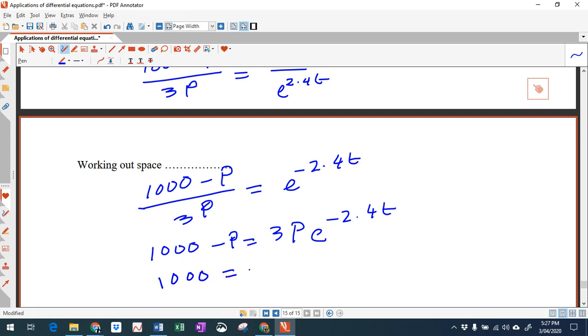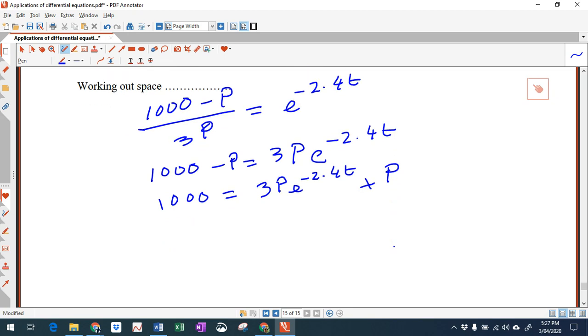And then 1000 is equal to 3P E to the minus 2.4T plus P. Take out your common factor. You've got 1000 is equal to P outside of 3E to the minus 2.4T plus 1.